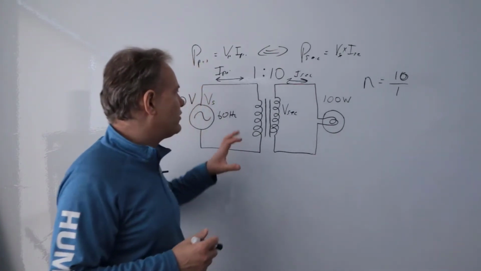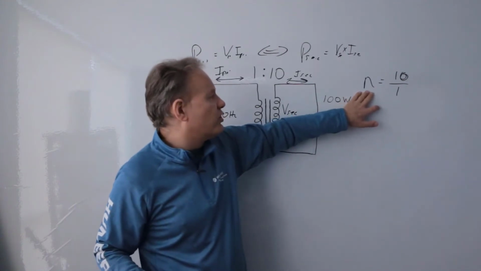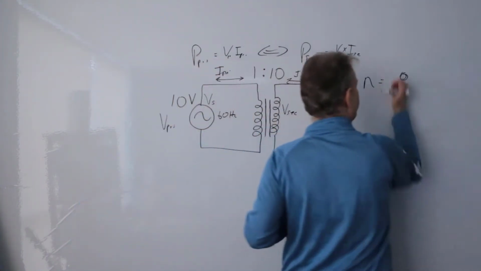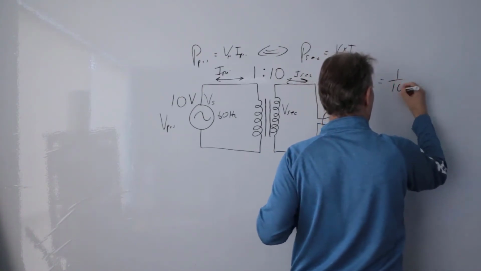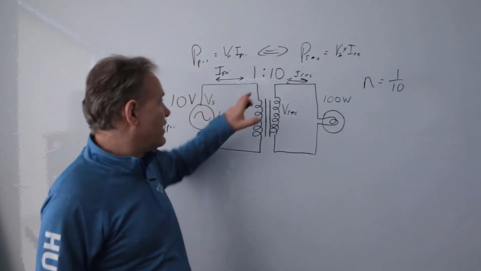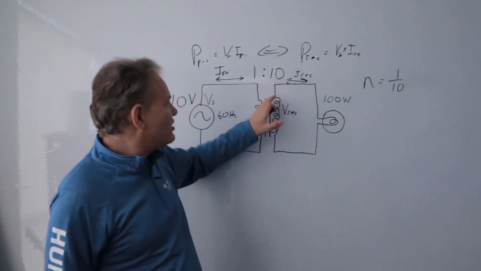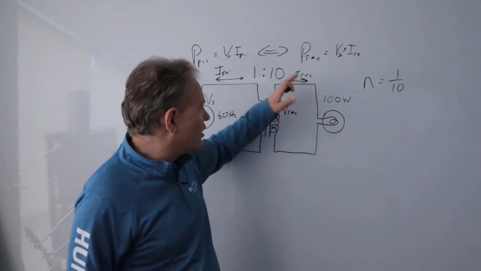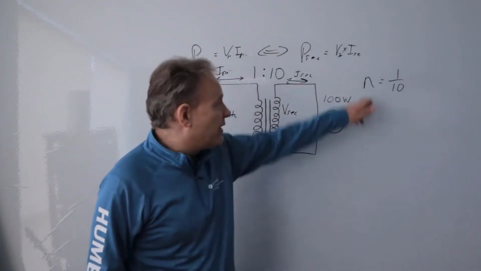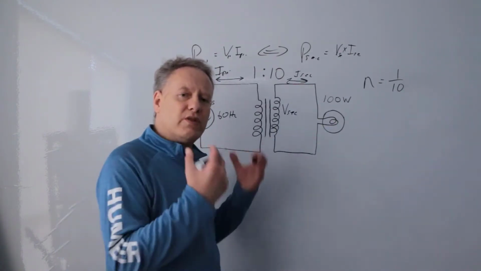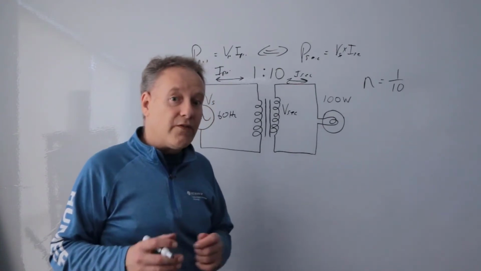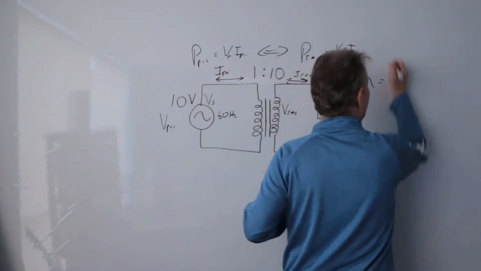If this turns ratio was all about the current, I would do it like this, because if this is 1 to 10, that's talking about the voltage. So the voltage is going to go up by 10 times. Well, guess what? The current's going to go down by 10 times. So that would make sense if we viewed these from the perspective of the current. But we don't. We view these from the perspective of the voltage.